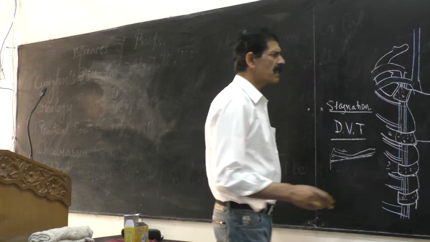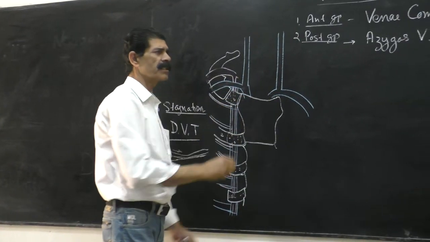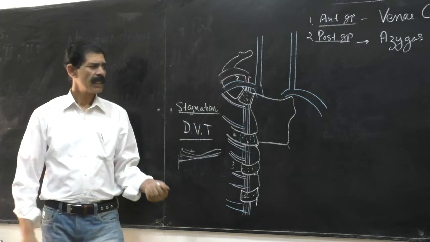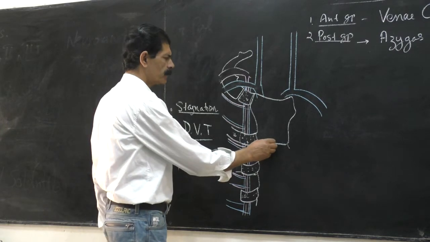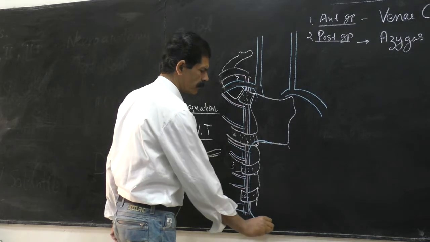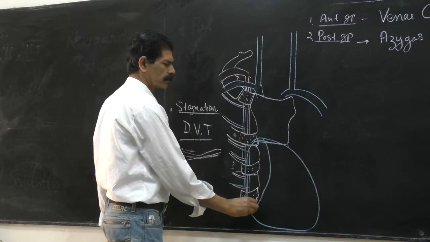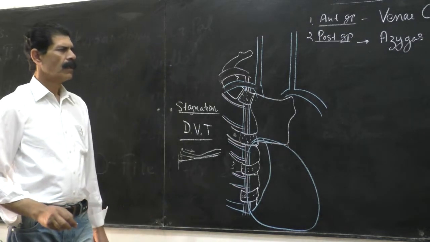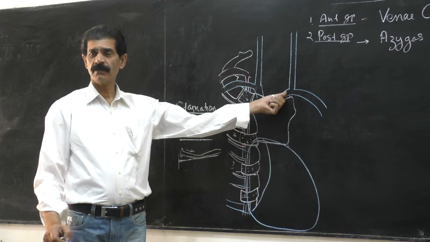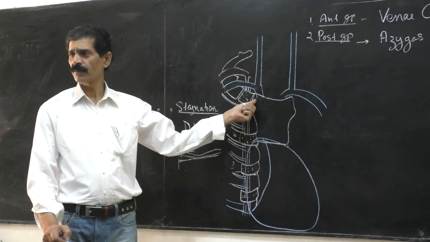And these veins, the left brachiocephalic vein, because the superior vena cava has to open into the right atrium, and the right atrium lies in the right side of the heart. So left brachiocephalic vein is longer because it has to come on the right side to form the superior vena cava.